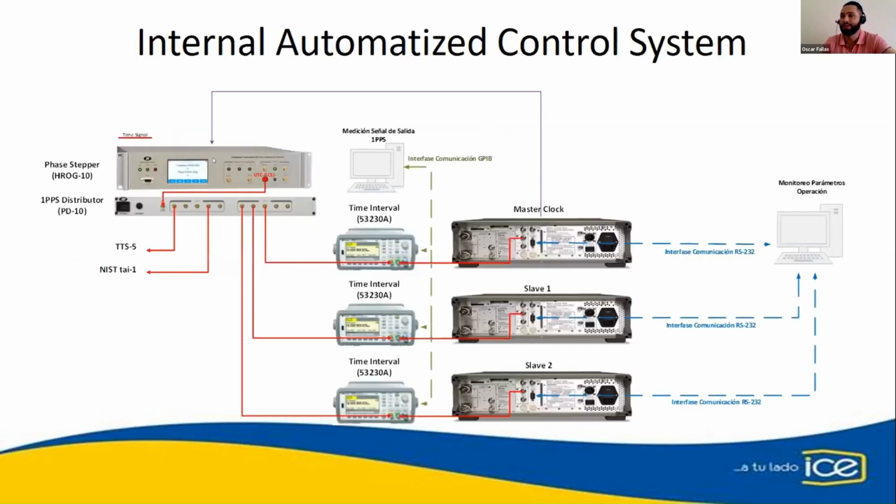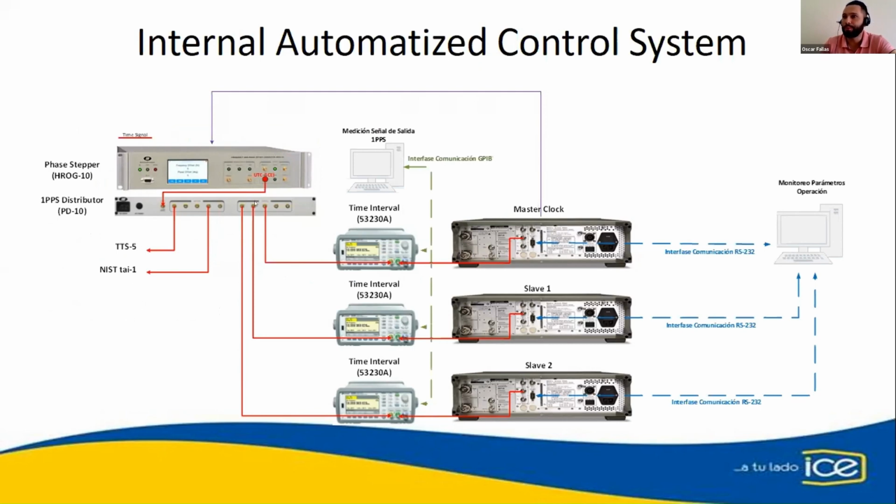Well, here we can see the very general schematic of our system. In this step phaser output is where we define our UTC. We take this signal to our 1PPS distributor to send different signals, for example, to our time transfer systems.